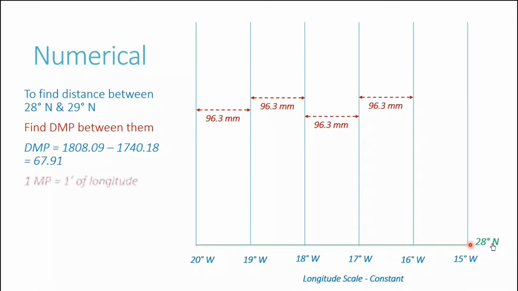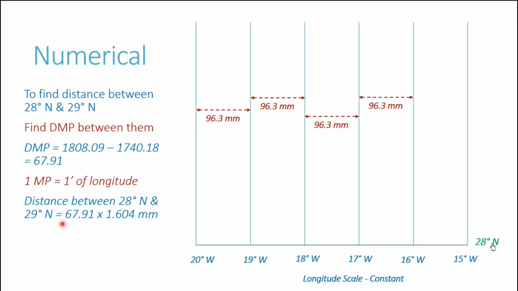This is the definition of DMP. So one meridional part is equal to 1 minute of longitude. So distance between 28 and 29 is equal to 67.91 minutes of longitude. And we had already calculated 1 minute of longitude in this particular diagram is 1.604 millimeters.